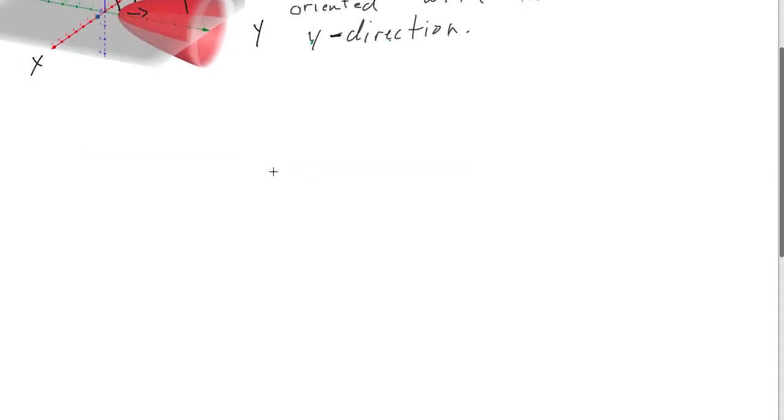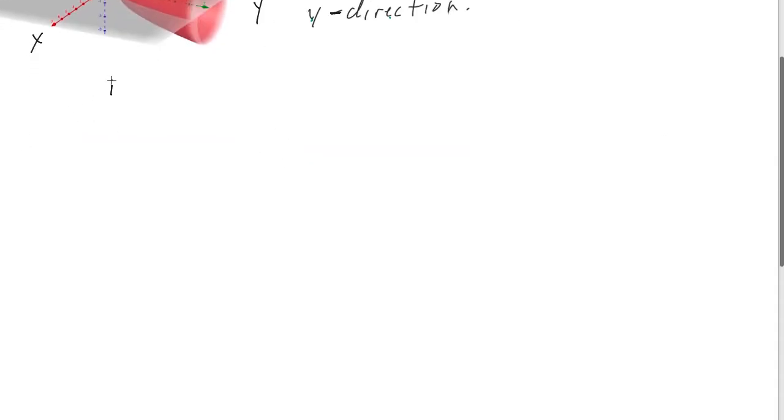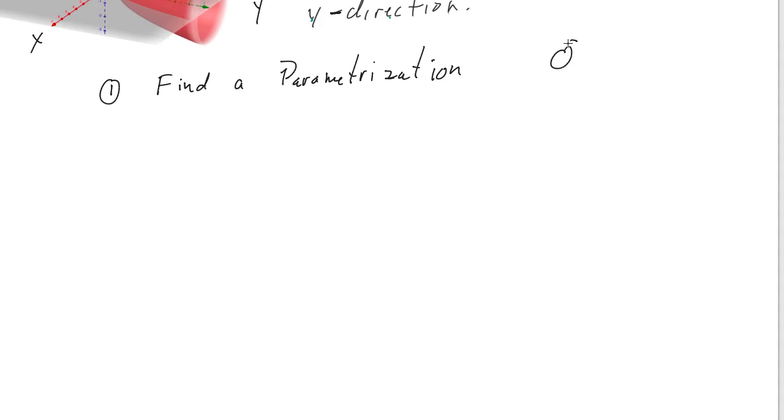Okay. Now, step 1, find a parametrization. All right, so we want to find, now remember I said a real easy one to do was like r of u, v is u, v, some f of u, v.